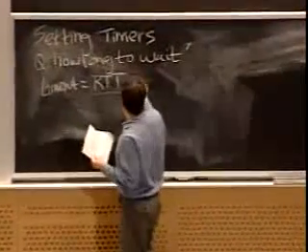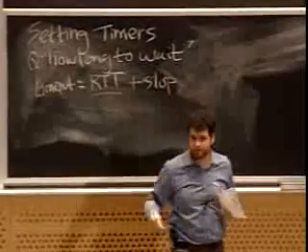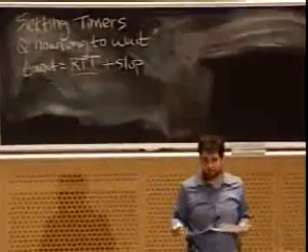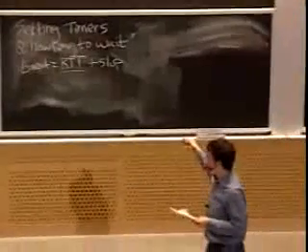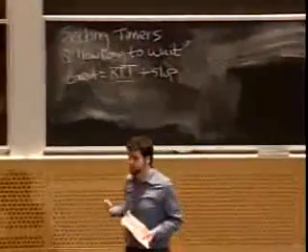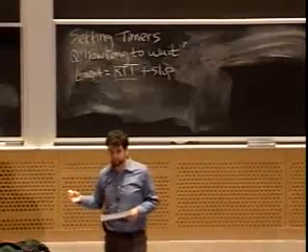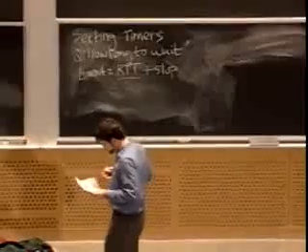So instead, we want to do RTT plus some slop value, some adjustment factor that gives us a little bit of extra leeway in how long we wait. But of course, we don't want to wait too long, because if we wait too long, then we're not going to retransmit messages that were in fact lost.